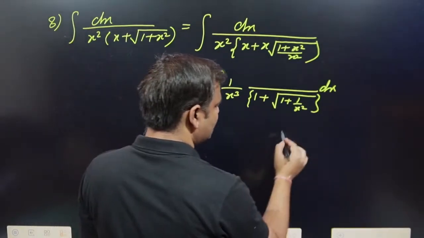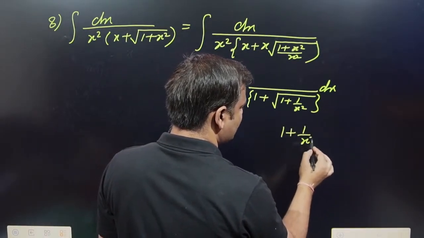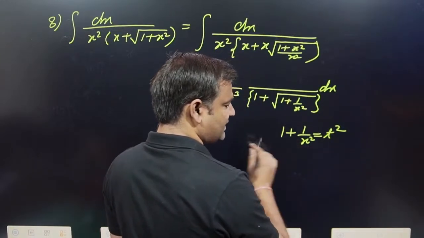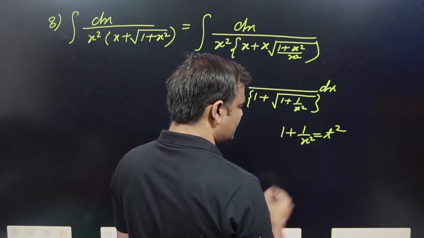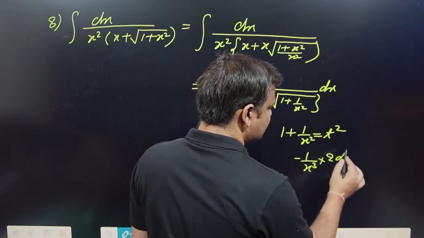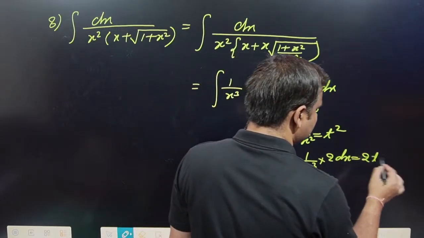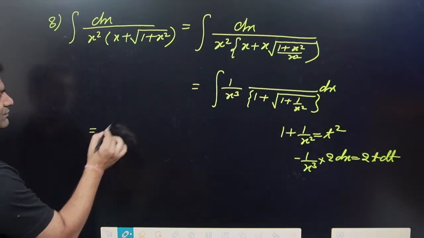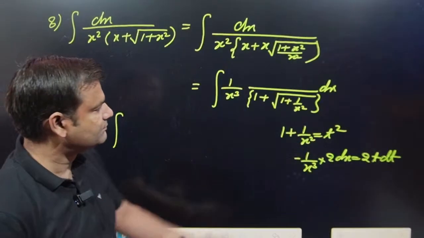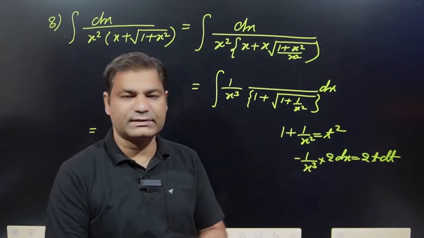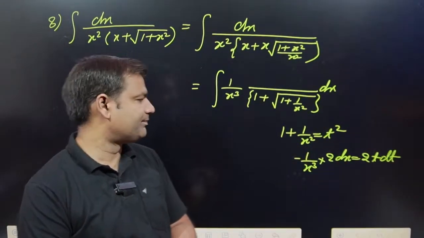Okay, now after that 1 plus 1 by x square is taken as t square, so if we differentiate both sides with respect to x, then we get x cube into 2 dx, this will be equal to 2t dt. Okay, so this one is written minus 1 by x cube 2 dx equals 2t dt.